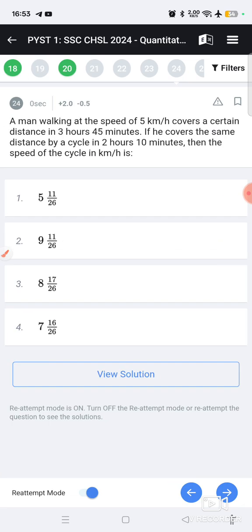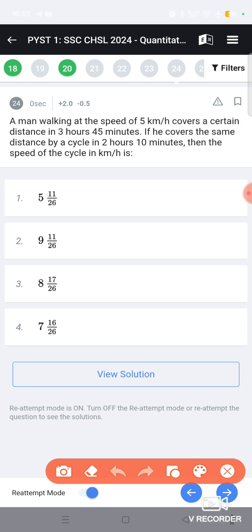Now 23 and 24. A man walking at the speed of 5 km per hour covered a certain distance in some minutes. If he covers the same distance by cycle in some minutes, then the speed of the cycle. A man walking at the speed of some kilometers per hour covers a distance. Okay.